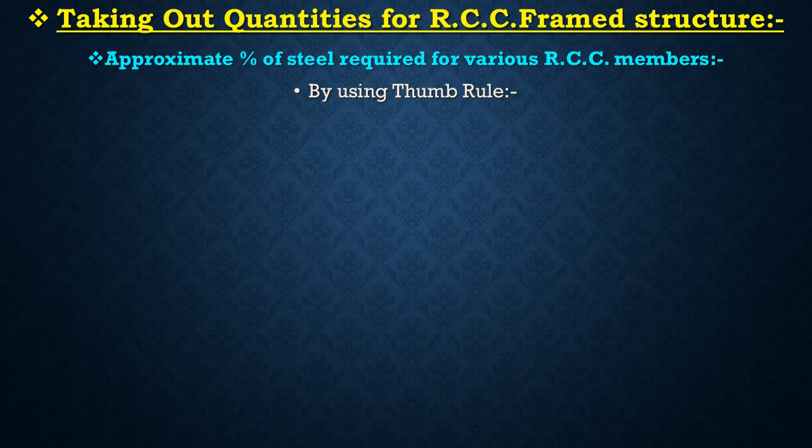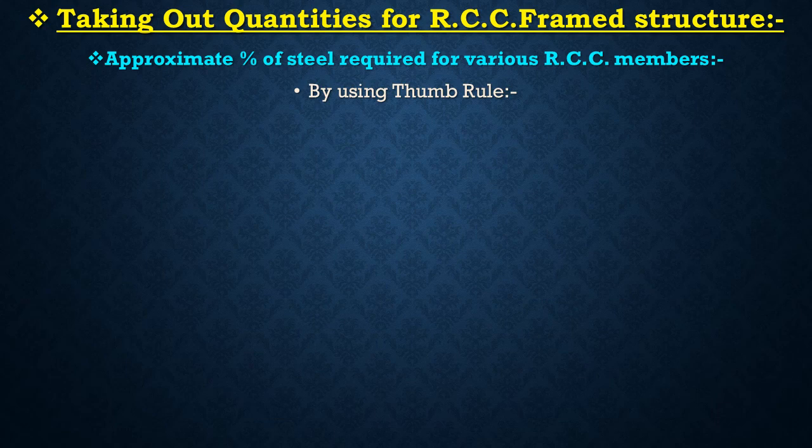But remember, thumb rules never give the accurate result, but you can use them for an approximate result. There are many thumb rules which we apply in construction. Here I am discussing thumb rules for reinforcement quantity calculation.